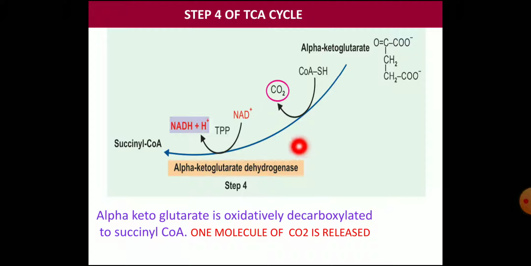Just like that, alpha ketoglutarate dehydrogenase also is acting on the alpha ketoglutarate and produces succinyl coenzyme A. So what are the requirements? Coenzymes required are TPP, lipoamide, coenzyme A, NAD and FAD. These are the coenzymes required for the alpha ketoglutarate dehydrogenase enzyme action.